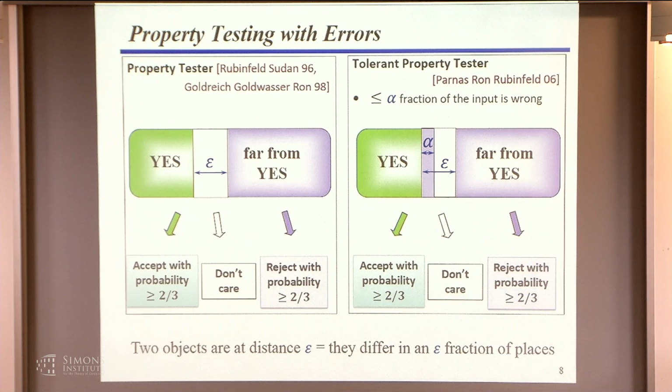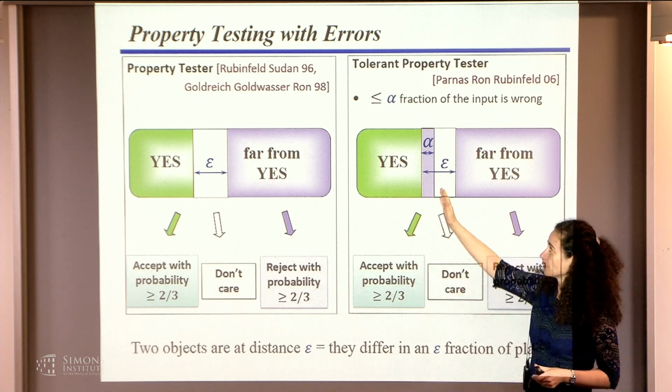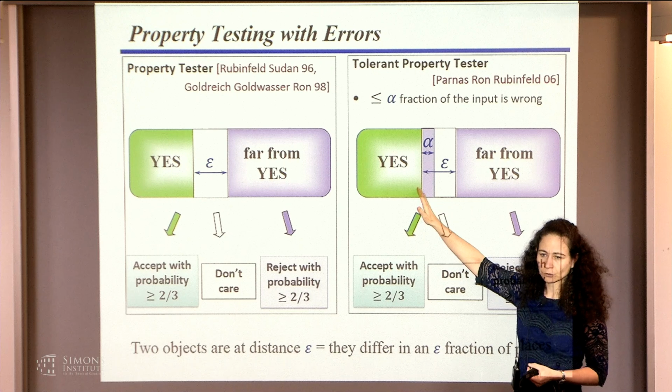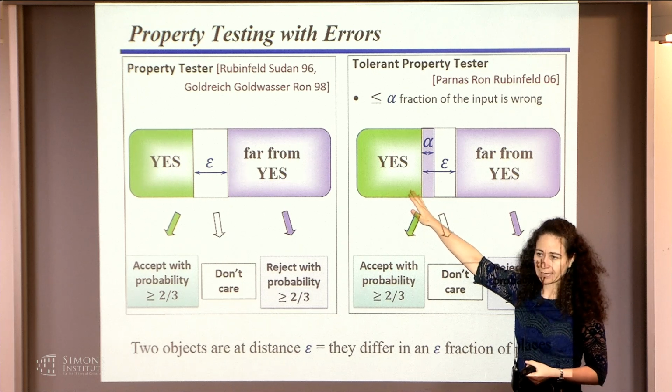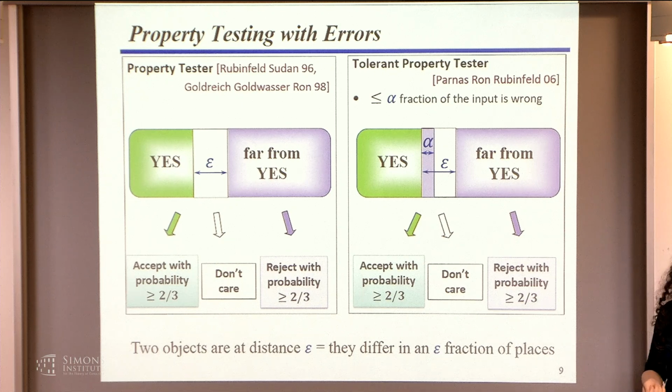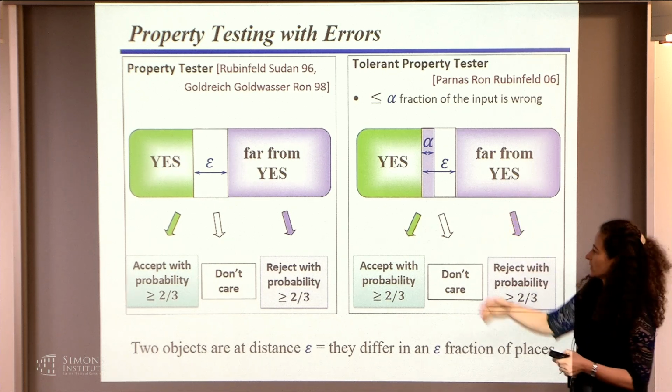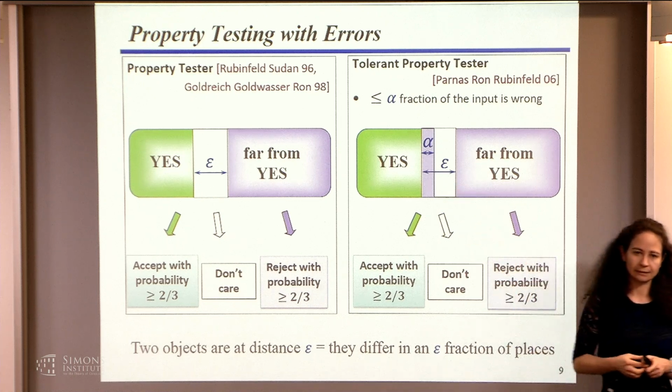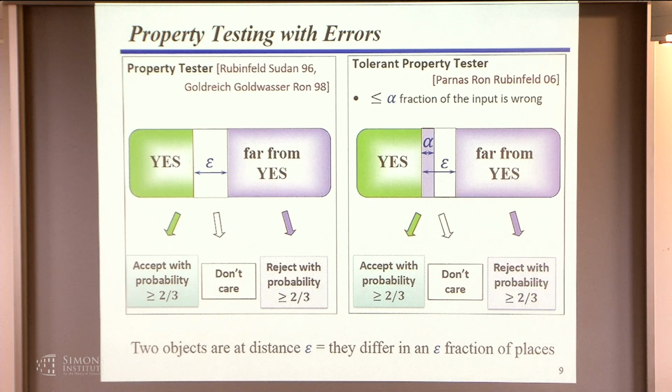So what we ask is to accept with probability at least 2/3 if we are alpha close to a yes instance, right? So if we need to change at most an alpha fraction of the input to get to some input on which the answer is yes. And if we're epsilon far, then we would like to reject.